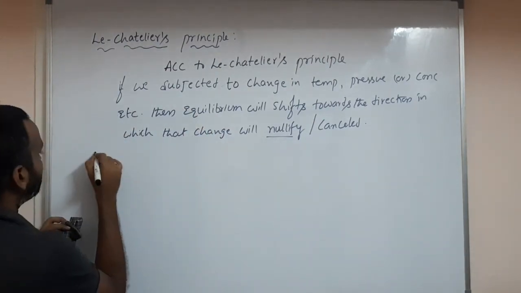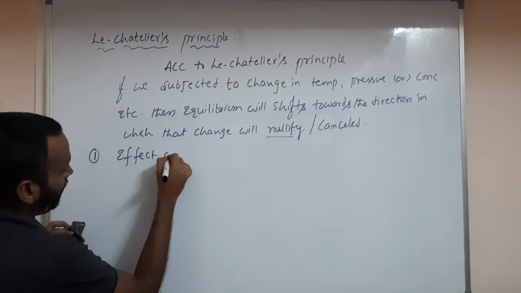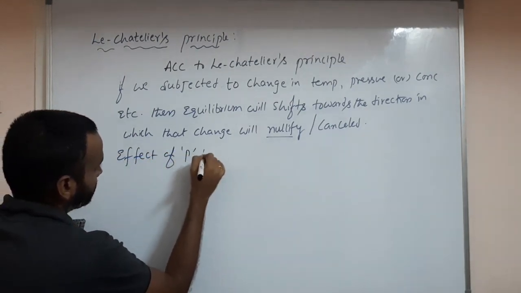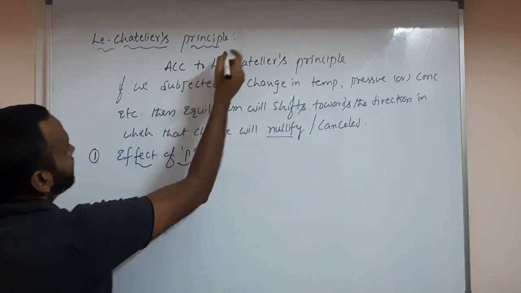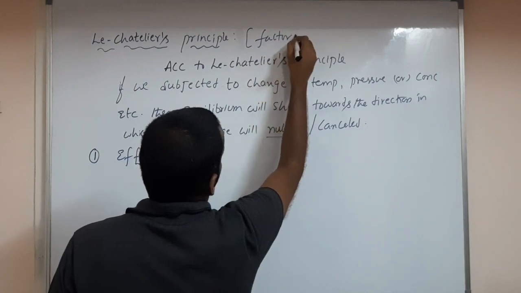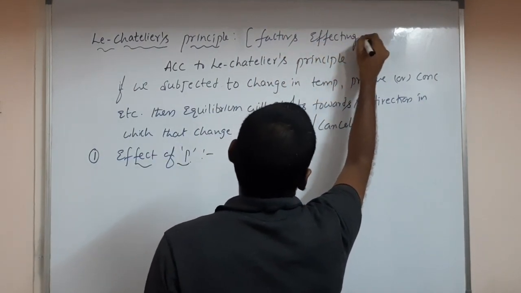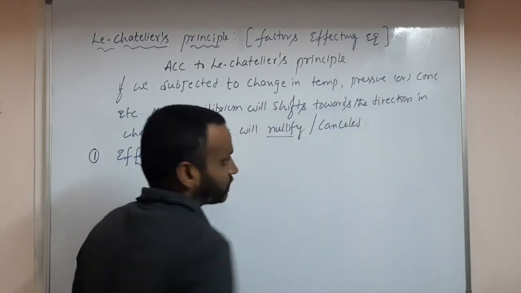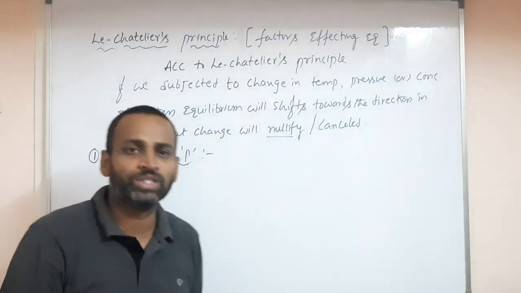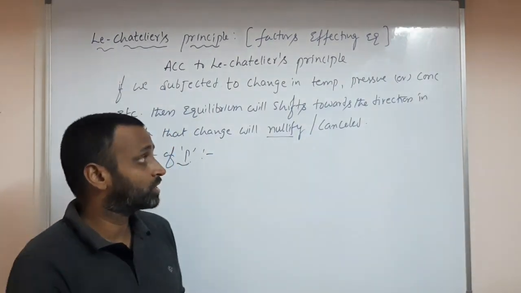So first one is the effect of pressure. This is what Le-Chatelier's principle gives: the factors affecting equilibrium. If we change pressure, what happens? If we change temperature, what happens? If we change concentration, what happens?